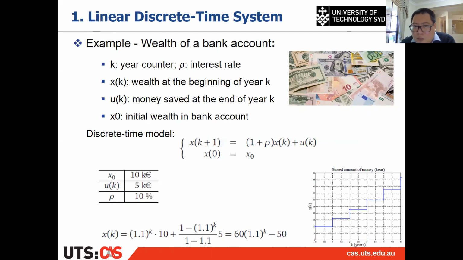Which means in the year 2020, which is k, my account has xk money at the beginning. Then at the end of the year, I save uk money into the account. And x0 is the initial wealth of the bank account, which is the initial state.